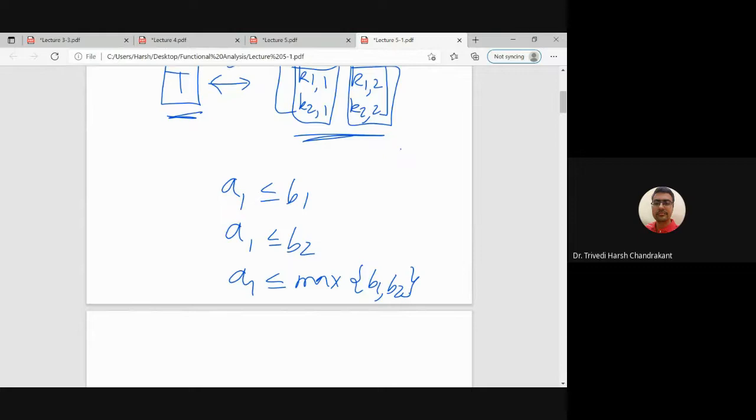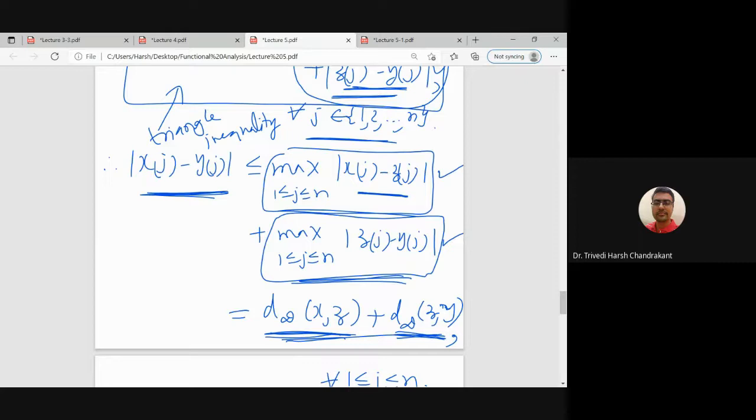Right, and if this is true for every i, then we can take the maximum over each ai. So that is less than or equal to this number. So that is what we are using here essentially.